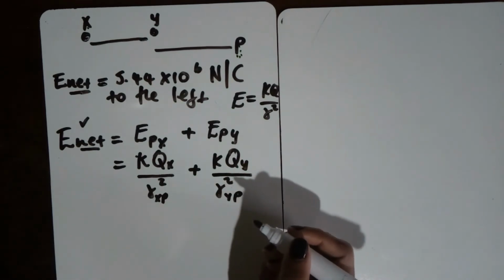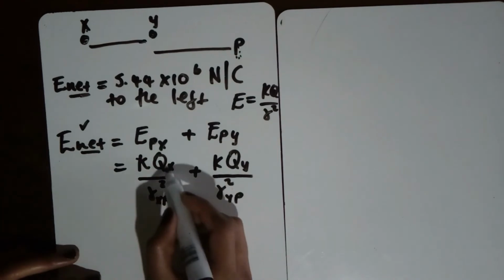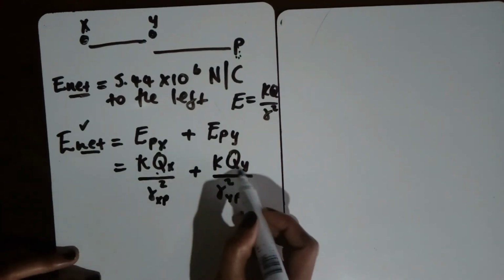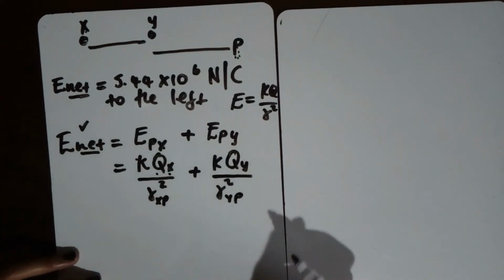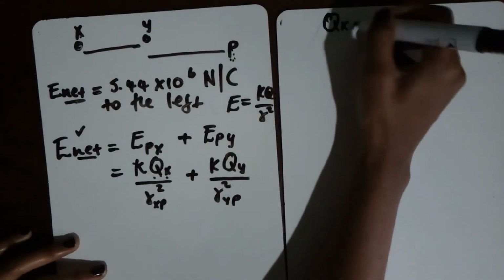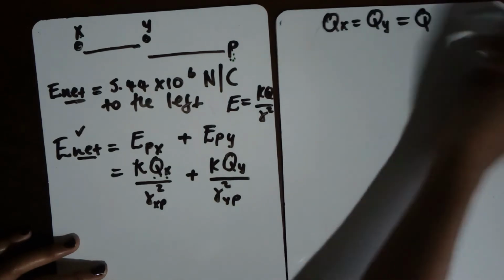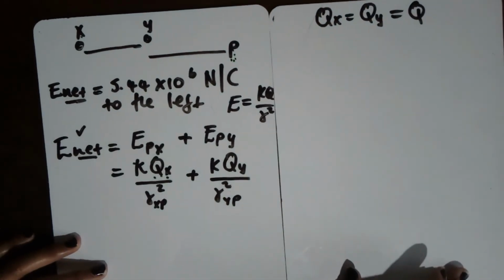But now I said earlier that the charges x and y are the same, so we can just assume Qx equals Qy. I'm going to write it down as q because it's the same charge.